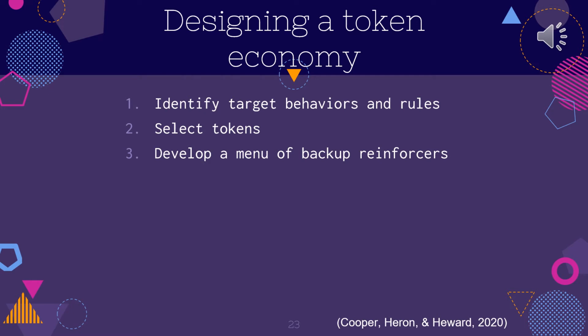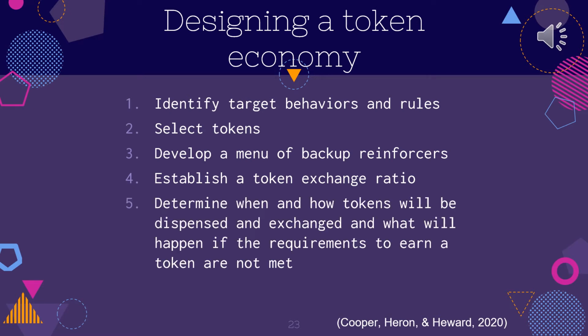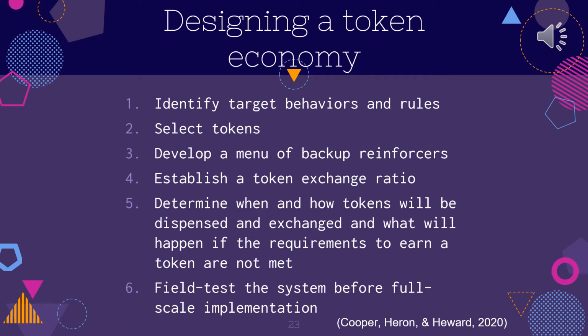Develop a menu of backup reinforcers. 4. Establish a token exchange ratio. 5. Determine when and how tokens will be dispensed and exchanged, and what will happen if the requirements to earn a token are not met. And 6. Field test the system before full-scale implementation. We'll now go more in depth on each of the steps that are listed.